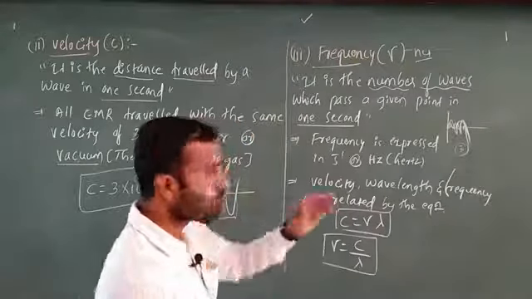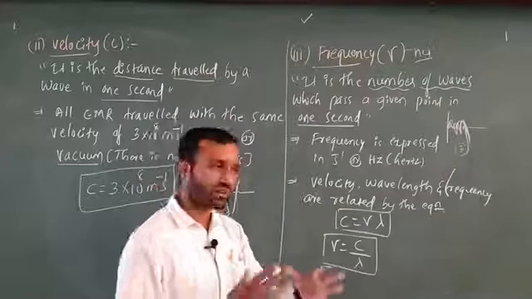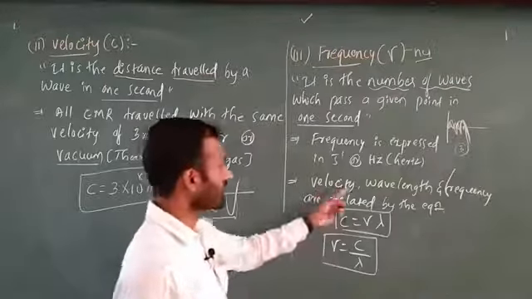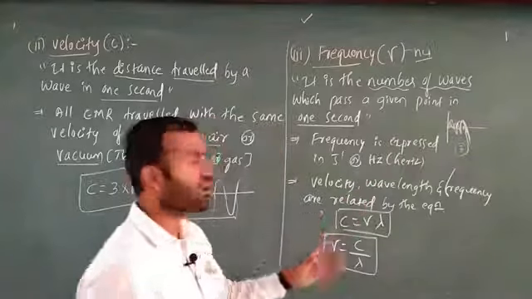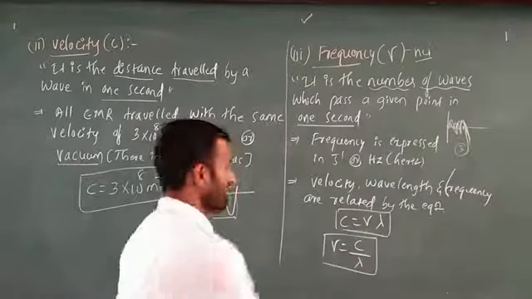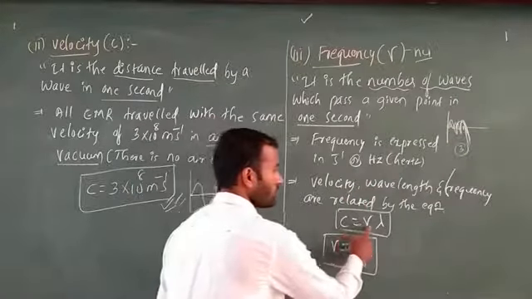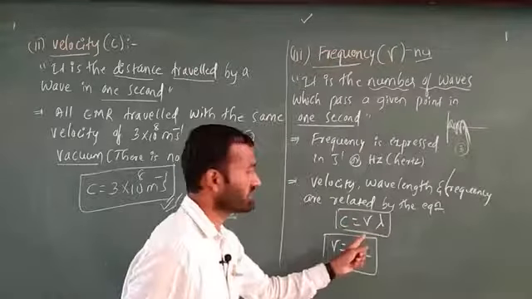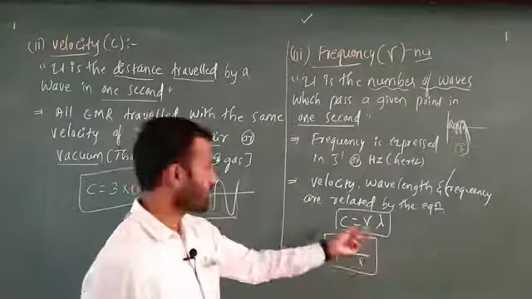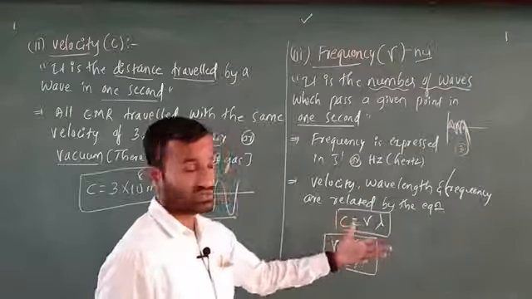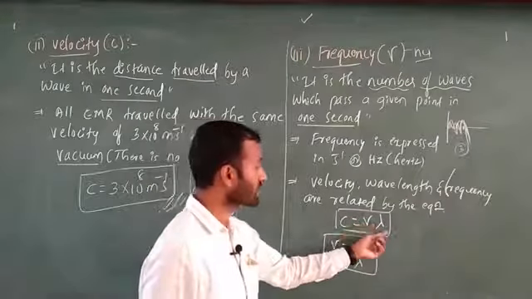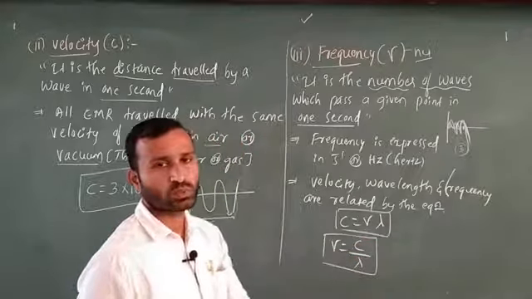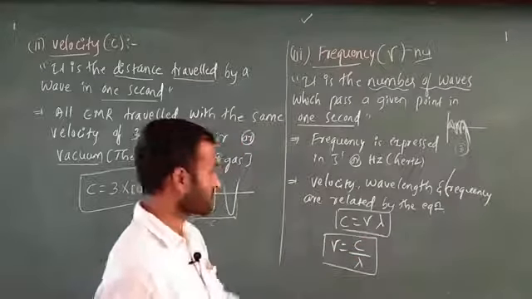Next, combining these three, one formula is generated: velocity, wavelength and frequency are related by the equation C is equal to nu into lambda. Velocity equals frequency times wavelength. The wavelength is the distance between successive trough and crest.